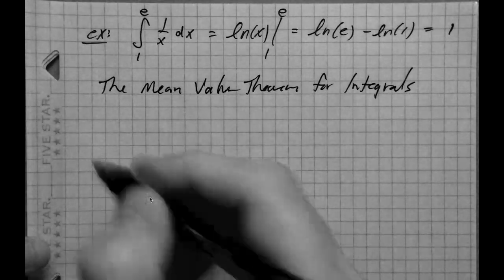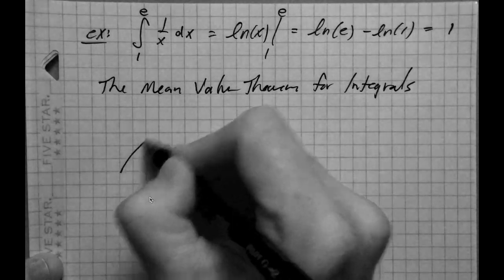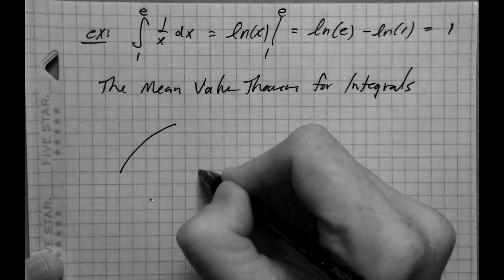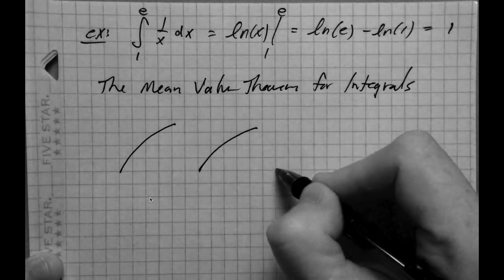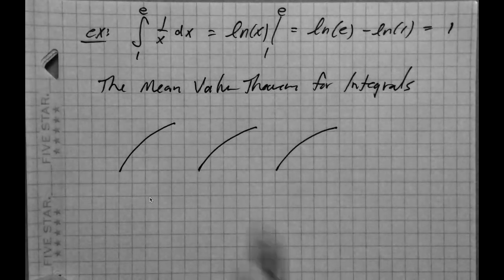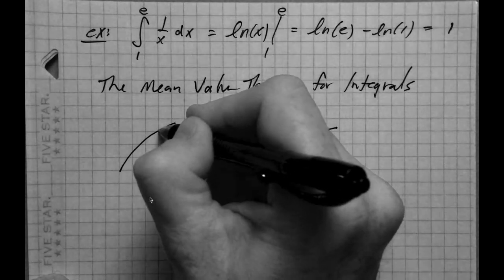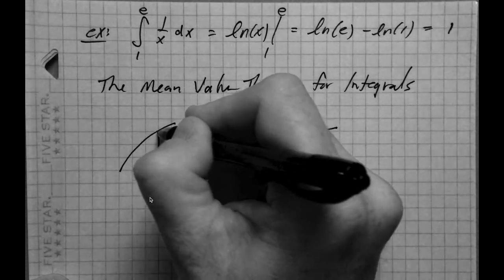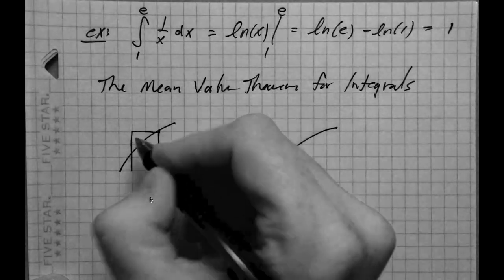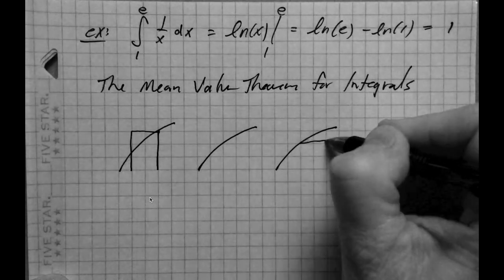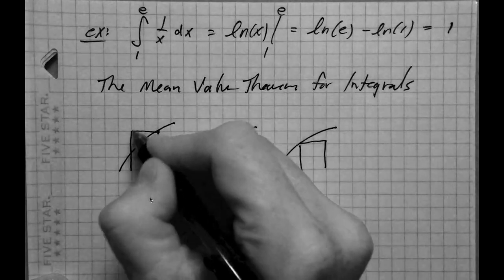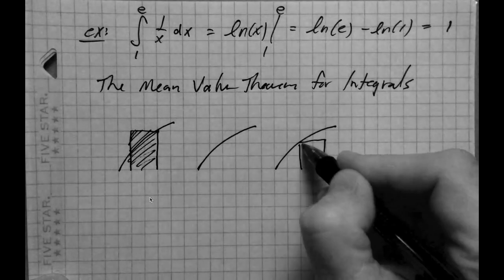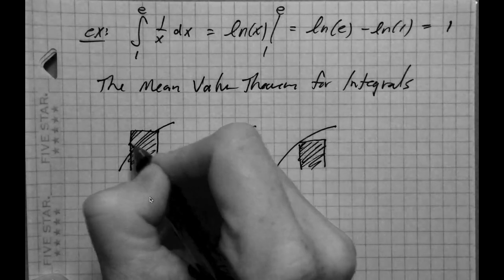Okay, and so previously we had talked about, if you have a curve, I'm going to try to draw the same curve 3 times. So there's different ways to do it, right? You can use the upper sum. You could use the lower sum. In the case of the upper sum, you get too much area.